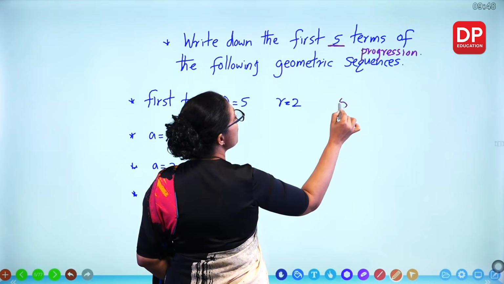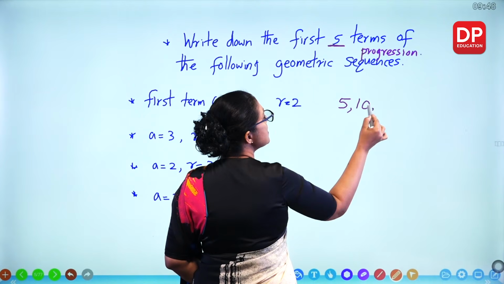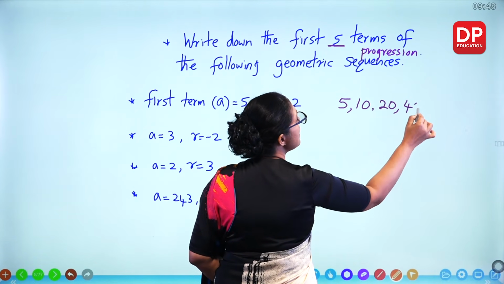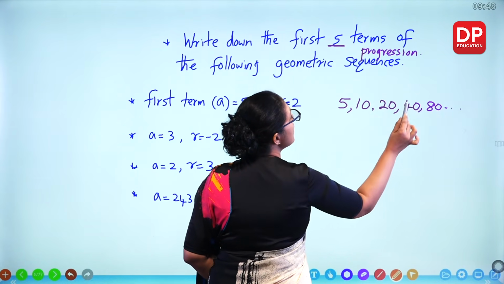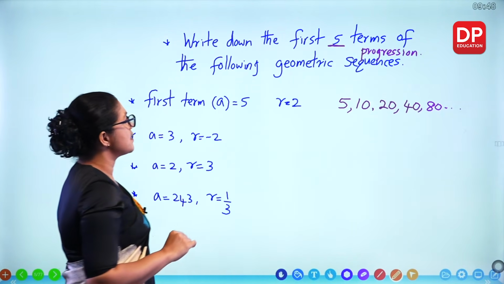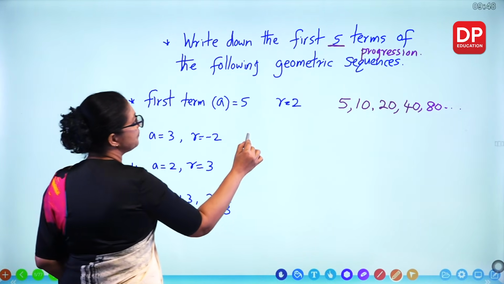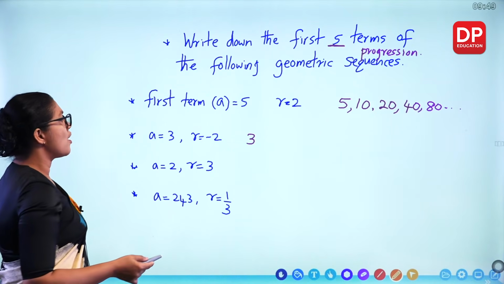Starting from 5. 5 times 2, 10. 10 times 2, 20. 20 times 2, 40. 40 times 2, 80. So we have 5 terms. Starting from first term 3, the common ratio is minus 2 now.